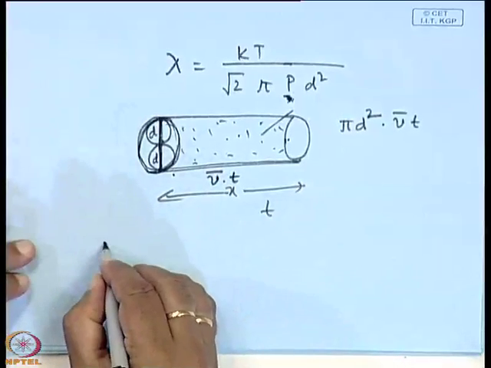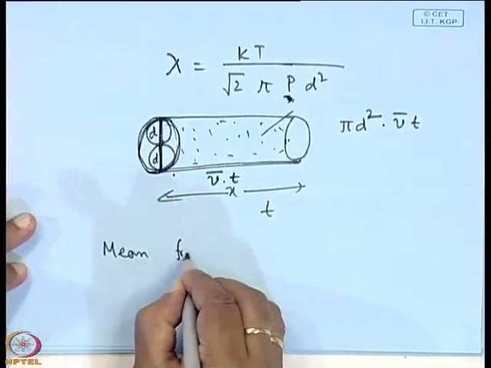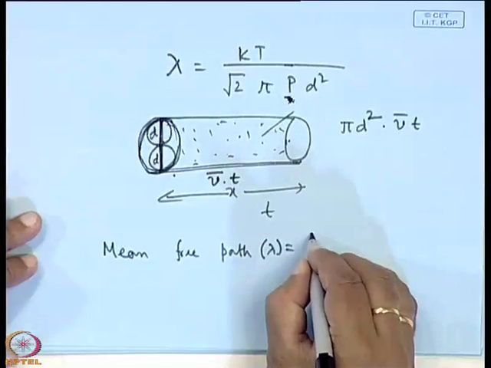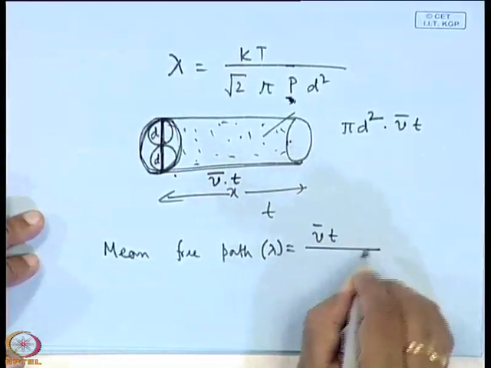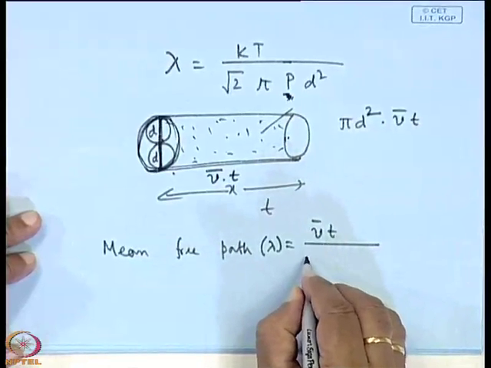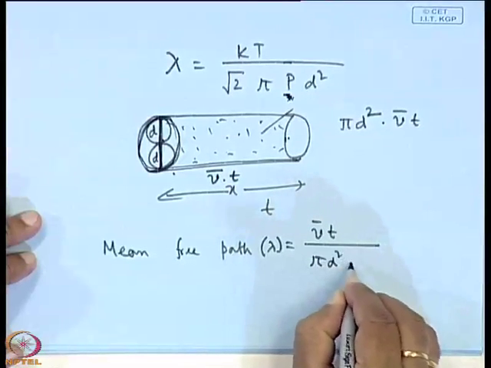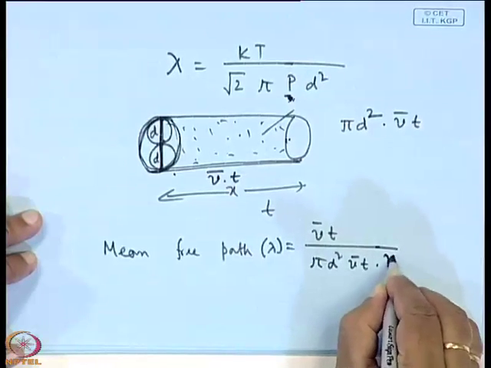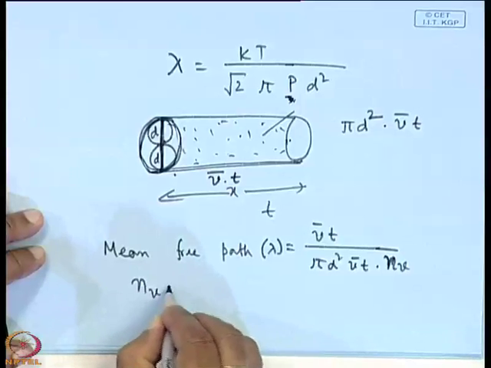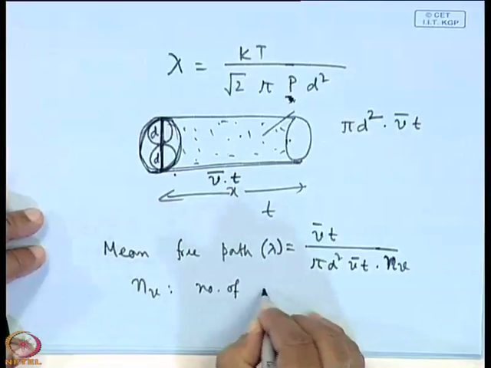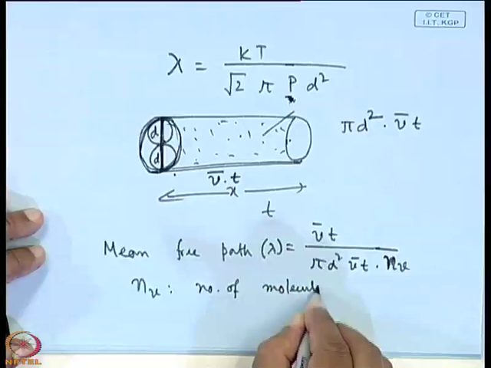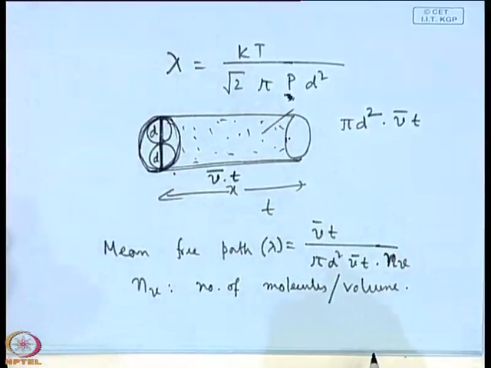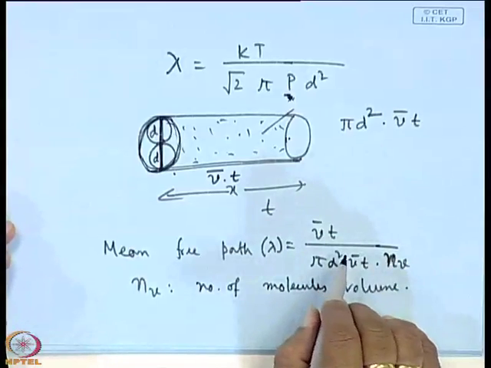So, mean free path will be this distance by pi d square v bar t multiplied by n v. n v is the number of molecules per unit volume.